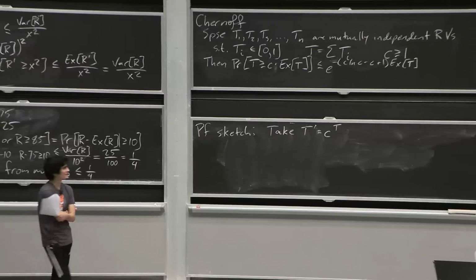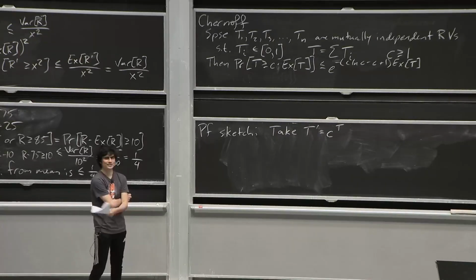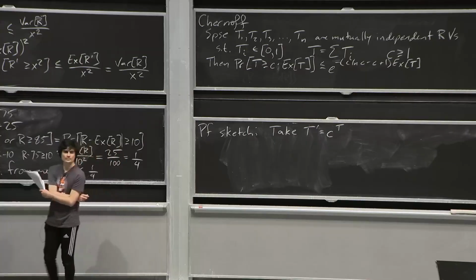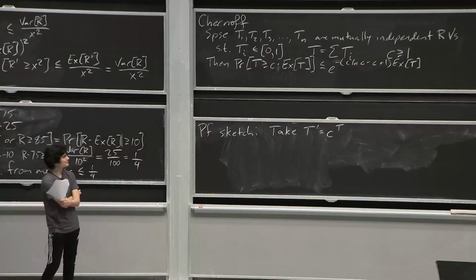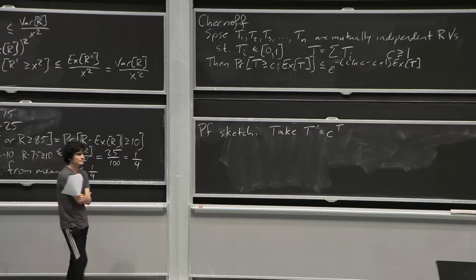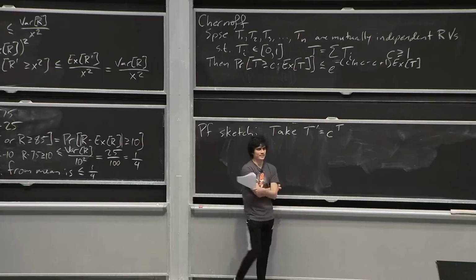Well, we're taking something that's at least 1, right? Or raising it to some positive power, well, some non-negative power. So t prime is a non-negative random variable.